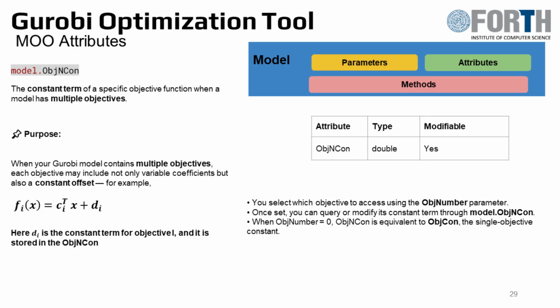If ObjNumber equals 0, ObjNCon behaves like ObjCon, the regular constant term in a single objective model. Why is this important? Because in hierarchical optimization, even constant terms affect the evaluation and comparison of objective values. So Gurobi gives you full control, not only over coefficients, but also over the complete objective structure.